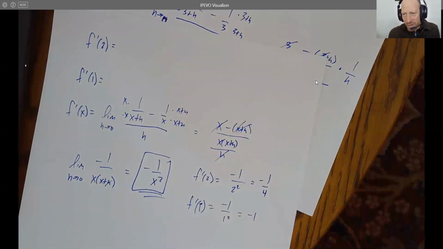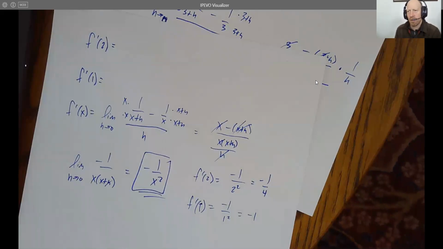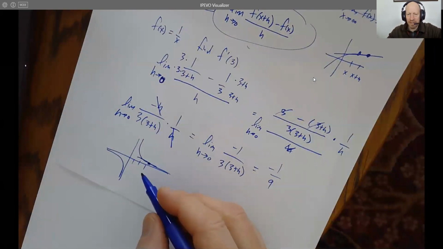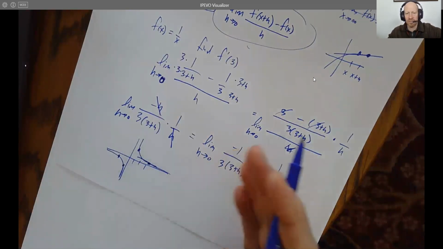And what's kind of amazing here is that this formula is telling me the slope of the tangent line at every point x, which, when you're starting out, feels like, how is that possible? If I look at this curve 1 over x, it feels like each of these values is really different.